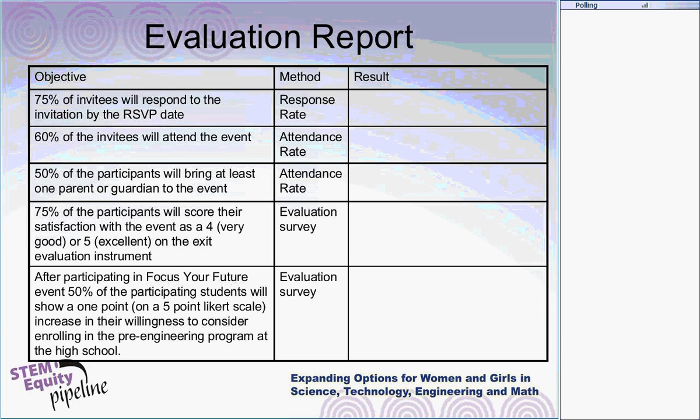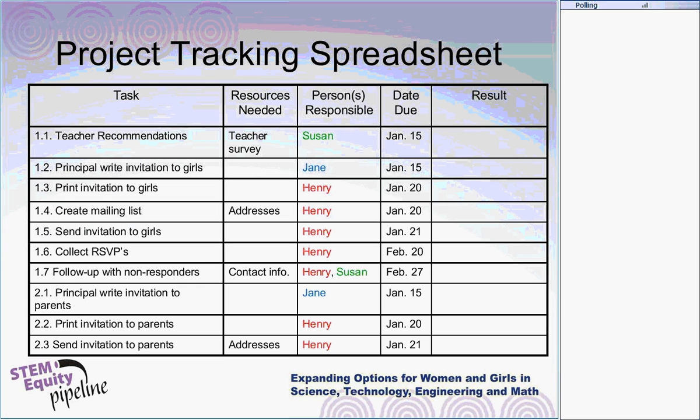It's very clear how we're going to collect this, where it was collected, and then the results can be reported. Again, a very simple spreadsheet table type of format. So we want to take a look at the evaluation outcomes, but at the same time, we also want to look at the results of the project implementation. Did we get things done on time? And you remember when we talked about managing, this same spreadsheet had, instead of results here, this status column.